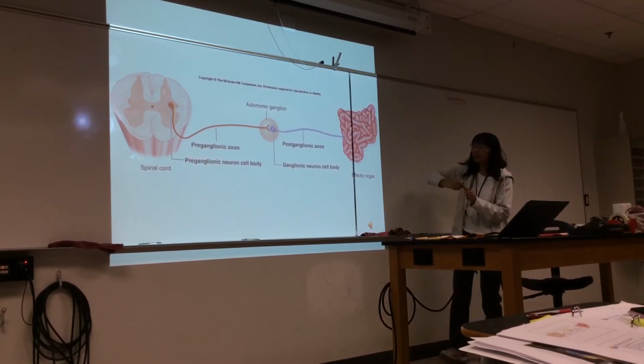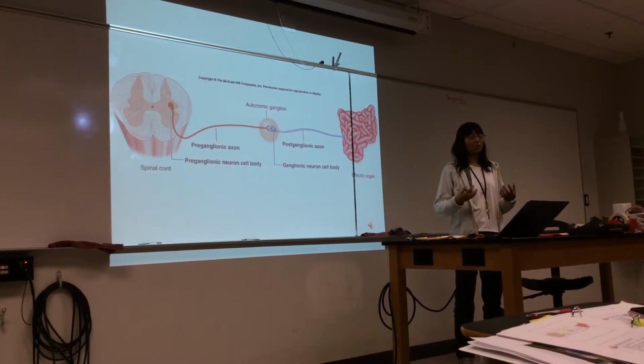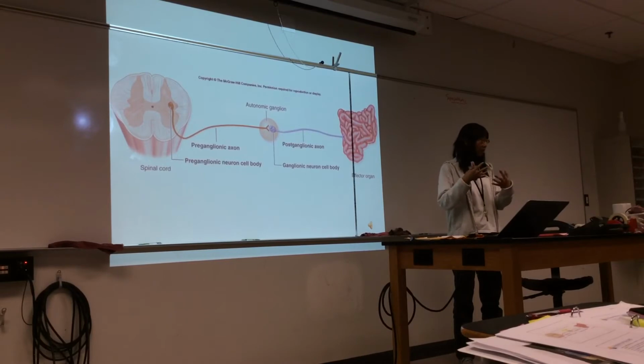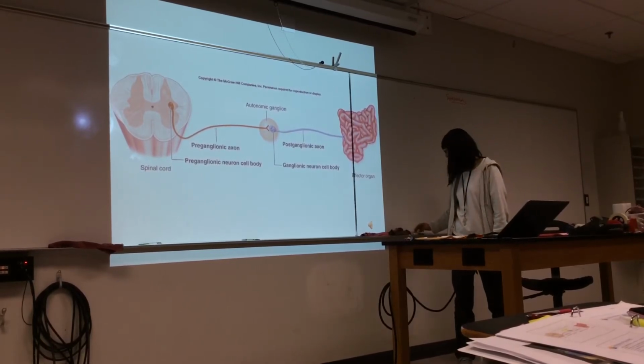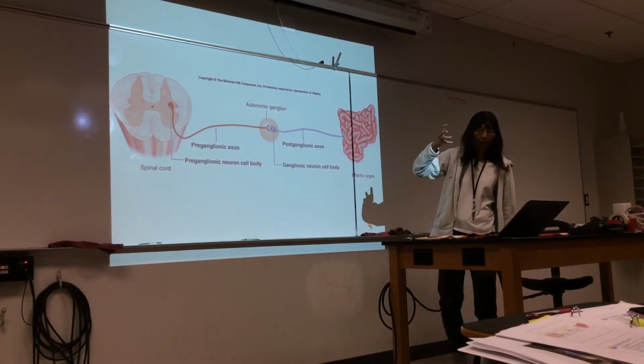Now, I purposely use a green and a red color because that's how you want to keep it in mind. One is gonna stop, the other one is gonna go. They're opposite of each other, okay? They oppose each other, okay?